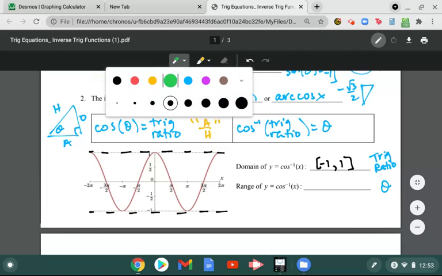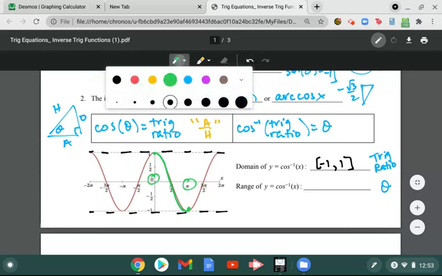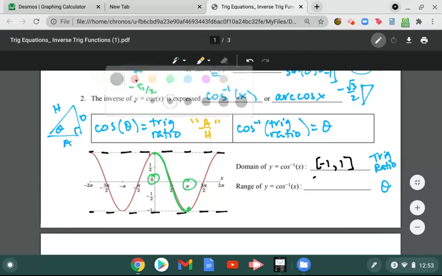The math world decided to make these well defined and only go between 0 and pi. And again, you'll notice as soon as we turn the corner, we end up getting duplicate values. So we don't want to do that. So we're going to go ahead and just limit it between 0 and pi. So my range is 0 to pi.